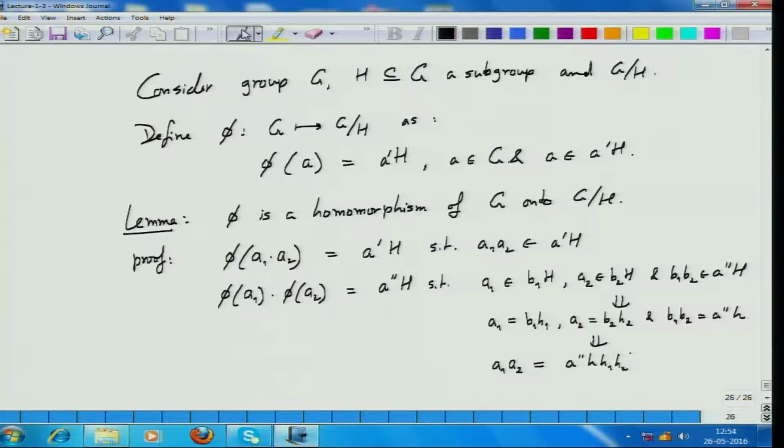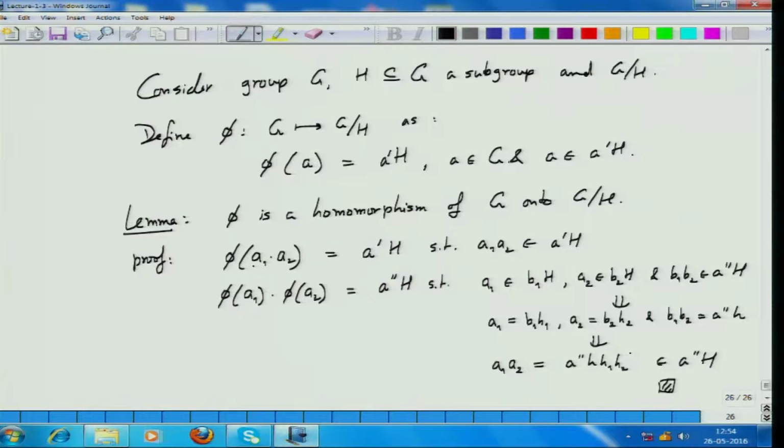And so, clearly this is A double prime H. So, A1 A2 is contained in A double prime H. Therefore phi of A1 A2 is equal to phi of A1 dot phi of A2. That is the proof that phi is a homomorphism.